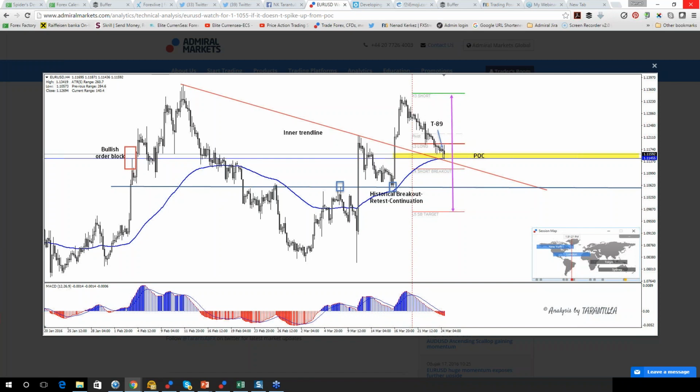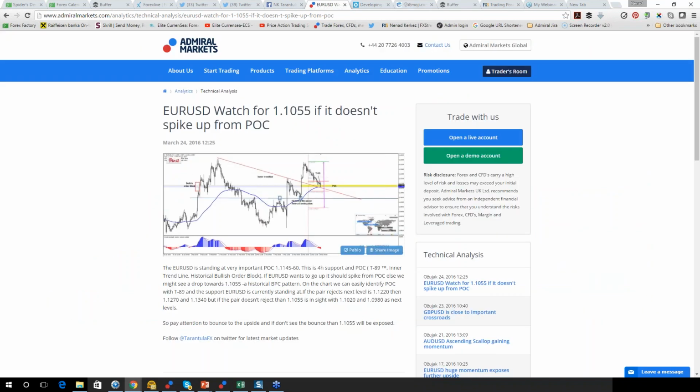We can easily see that EUR/USD is trying to go up, rejecting from the strong PLC zone. So read my analysis and everything will be said to you.